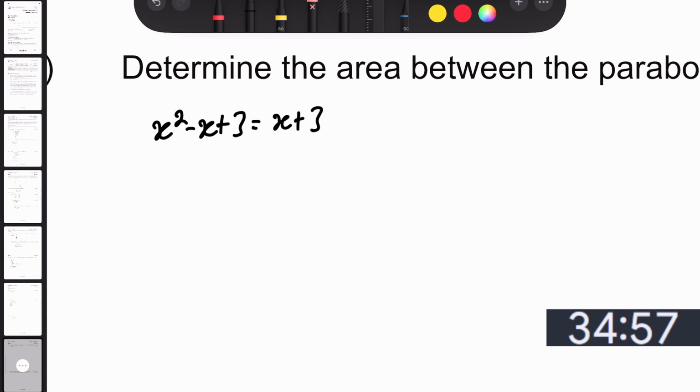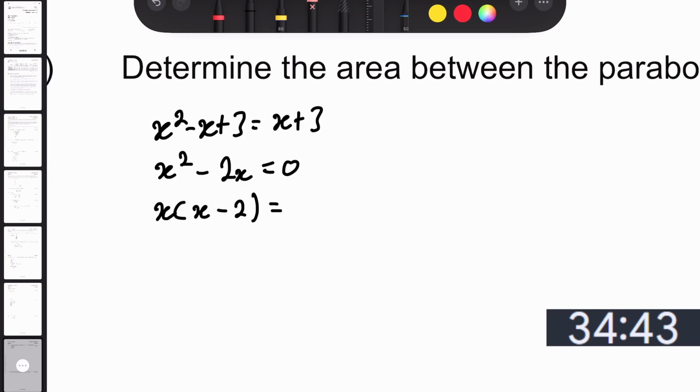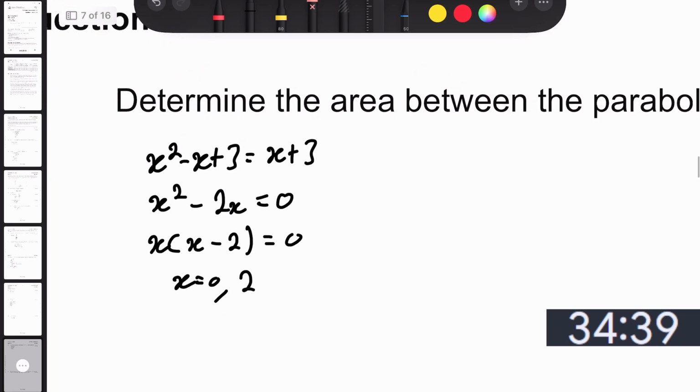I'm going to move everything to the left, so I get x squared minus 2x plus 0, so that plus 0 just disappears, equals 0. So this is x times x minus 2 equals 0, so x is equal to 0 or 2. Let me just double check. That gets me 4 minus 2 is 2, 5, and 5. And then obviously the other one would be 3.